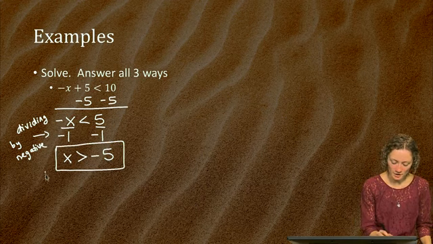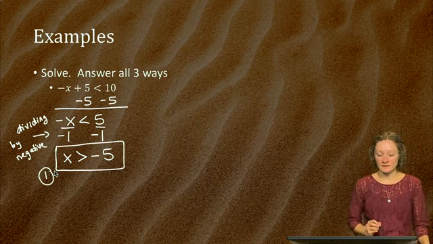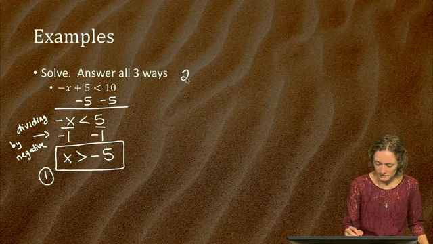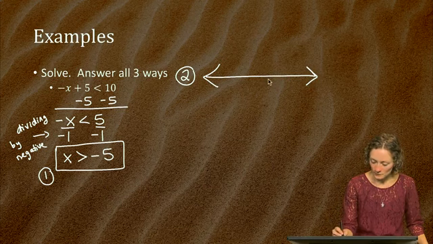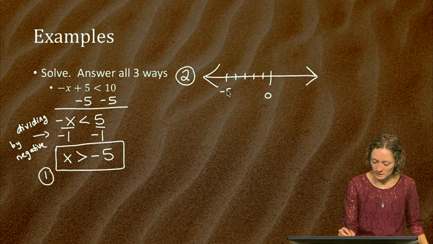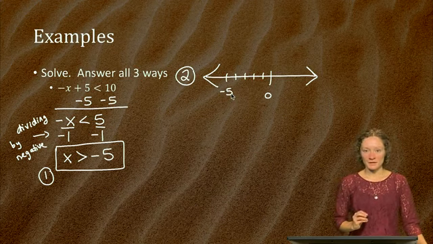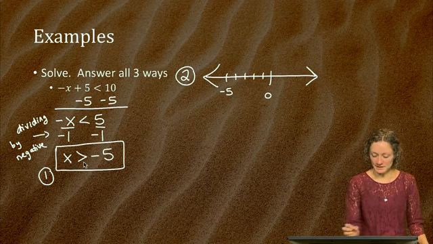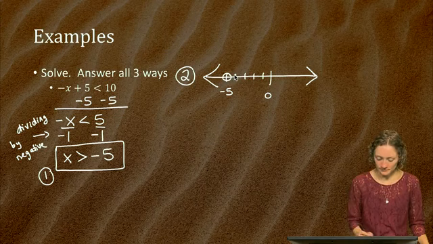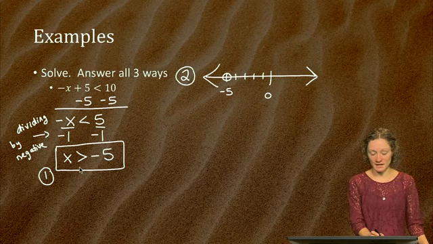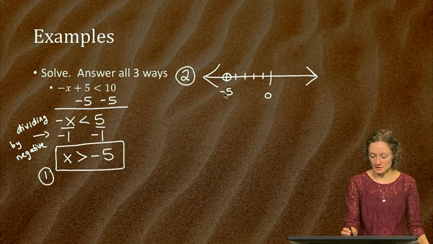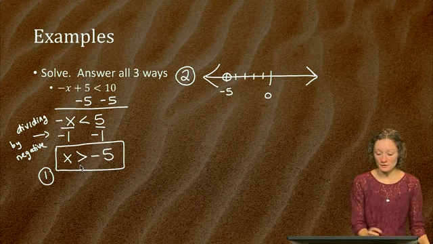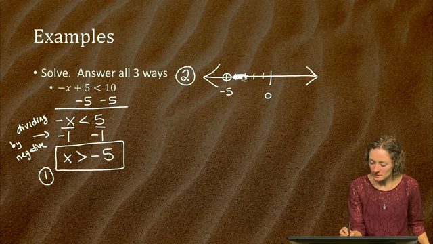Here's the first of our 3 types. Second, the number line. We have 0 and 1, 2, 3, 4. Here's -5. At this spot, it's an open circle because our symbol doesn't have the equal sign, which means this number itself is not part of the answer. And then we want everything greater than -5.